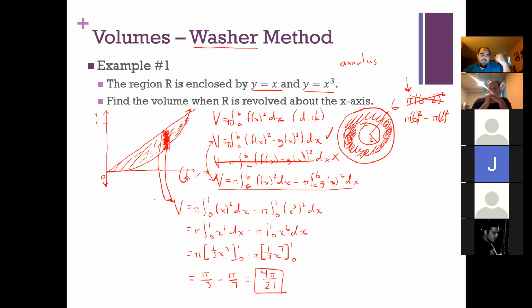With all those disk method examples, since my region does contact the axis of rotation, I can get away with just filling the whole thing in. But now I have to respect the fact that this lower edge of this rectangle does not contact the x-axis. So I'm going to give it its own little sweep like this and then connect them here.